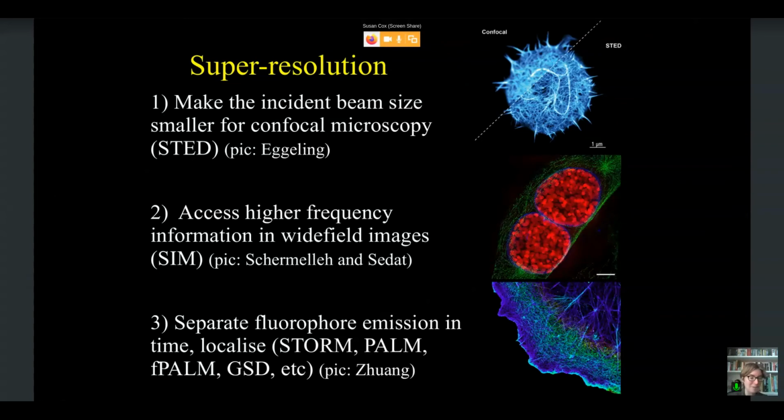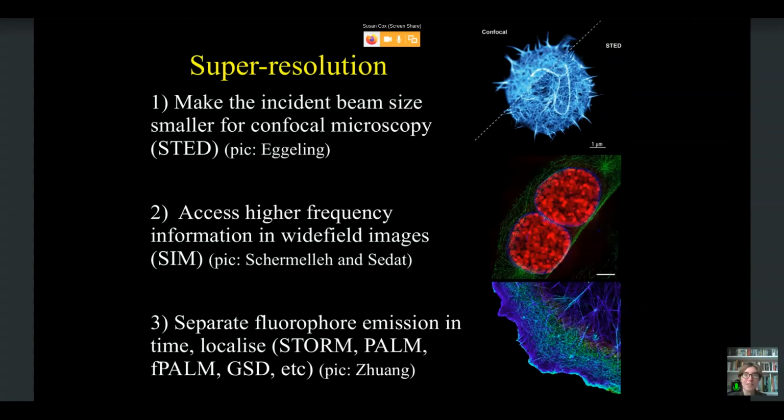Now, localization microscopy has become particularly popular because, in many ways, it's the technologically simplest technique. You just shine a really strong laser onto your sample, and if you get the right combination of sample and fluorophore and everything, you can get the fluorophores to spontaneously blink and you can localize them.